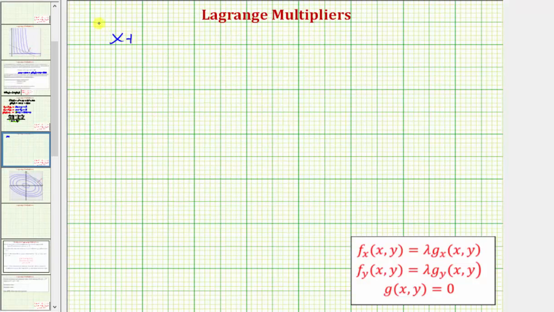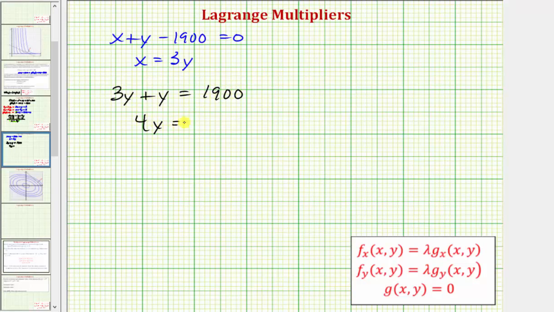Using the constraint x plus y minus 1,900 equals 0, and x equals 3y, performing substitution, we'd have 3y plus y equals 1,900. So we have 4y equals 1,900. Dividing both sides by 4, we have y equals 475.